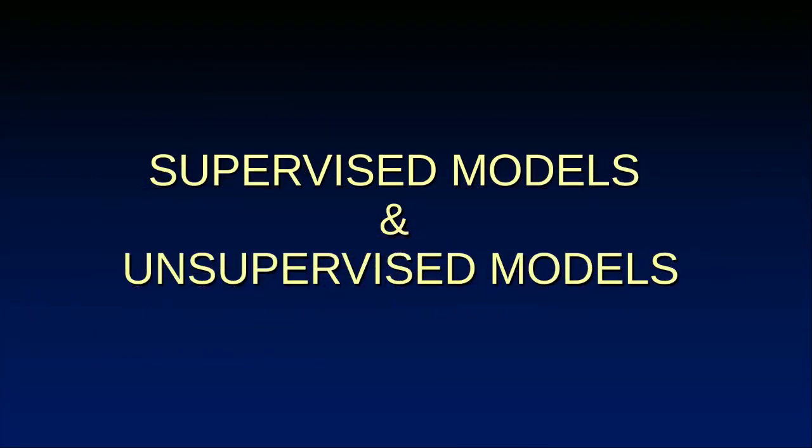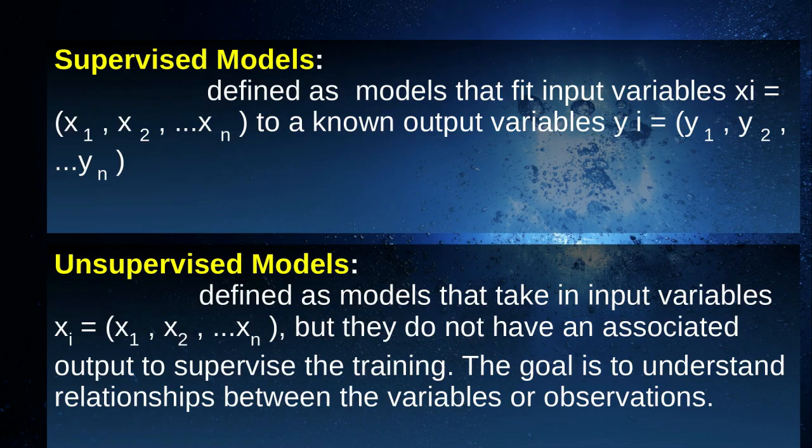Now let me talk briefly about supervised versus unsupervised machine learning algorithms. Supervised models can be defined as models that fit input variables x_i, a tuple of x1, x2, up to xn, to known output variables y_i, a tuple of y1, y2, up to yn.